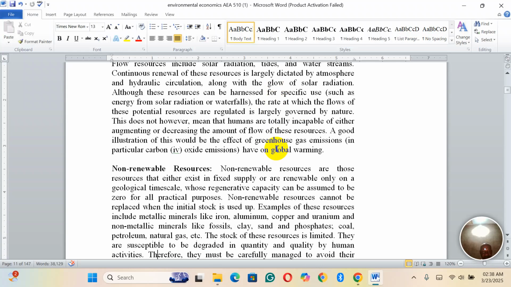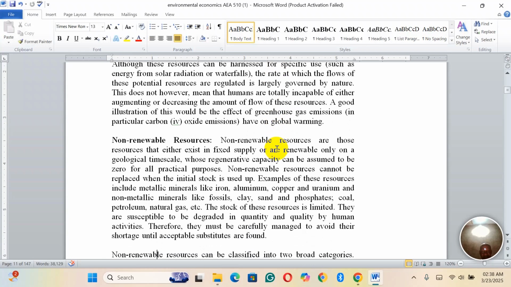Non-renewable resources are those resources that either exist in a fixed supply or are renewable only on a geological time scale, whose regenerative capacity can be assumed to be zero for all practical purposes.